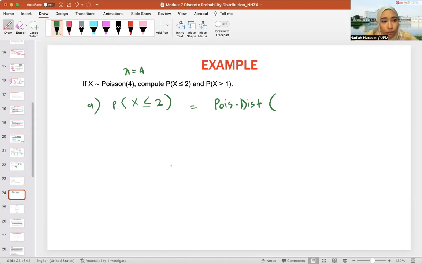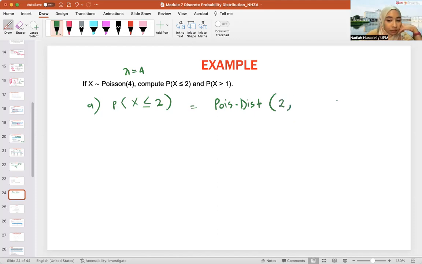So if I were to use this in Excel, I would use the function Poisson distribution. What should be my X? Akmal, don't disappear. Okay, so what is X? 2. I think 2. Okay, 2.